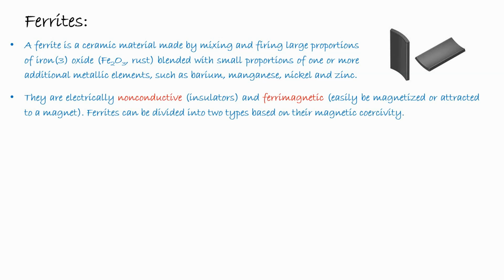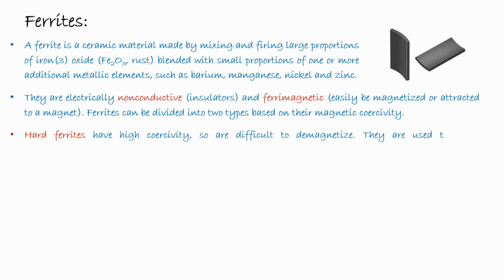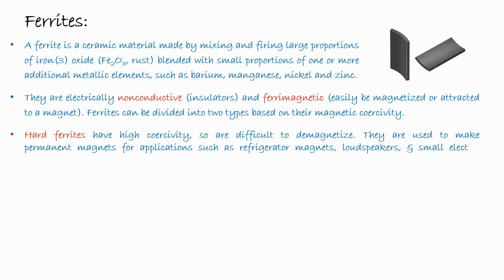Ferrites can be divided into two types based on their magnetic coercivity. That means the hard ferrites have high coercivity, so they are difficult to demagnetize. They are used to make permanent magnets for applications such as refrigerator magnets, loudspeakers, and small electrical motors.